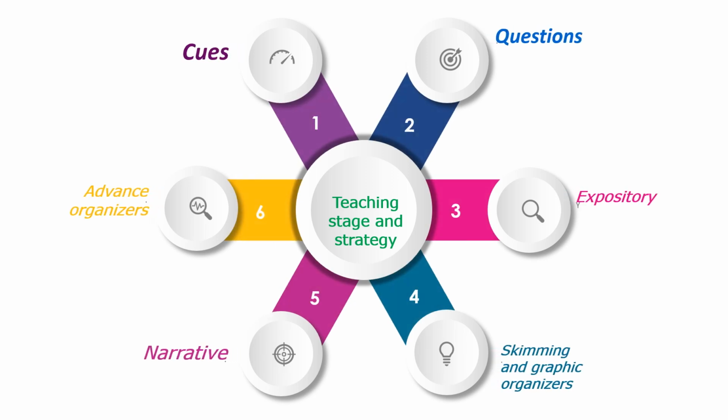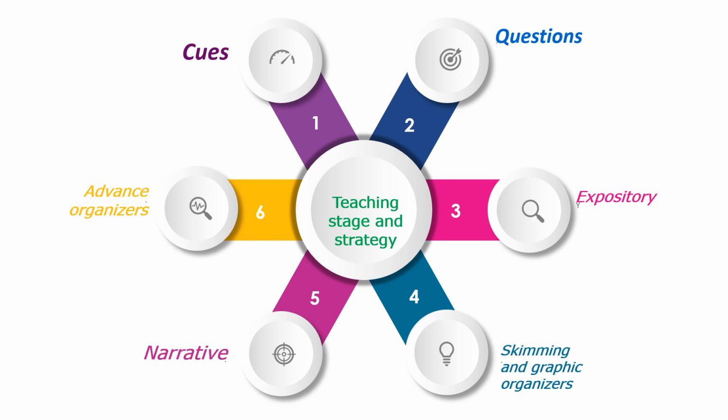So here we have cues, which provide hints for students about the content of a lesson. We have also questions, which provide teachers with the opportunity to assess what students do not already know. We have advance organizers, which are introduced before a lesson and should provide a conceptual framework to help students organize concepts and instructional material, and they have 4 types.